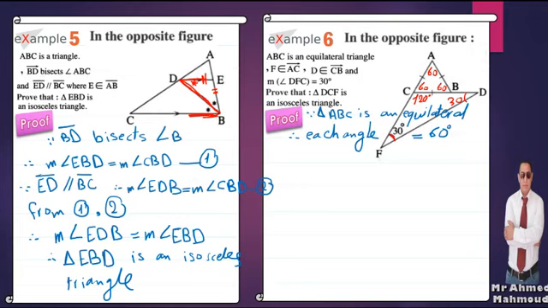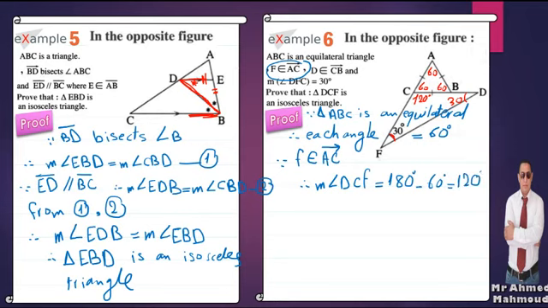Since F belongs to AC, that means this one is a straight angle. F belongs to AC ray. Therefore, measure of angle DCF equals 180 minus 60 equals 120 degrees.